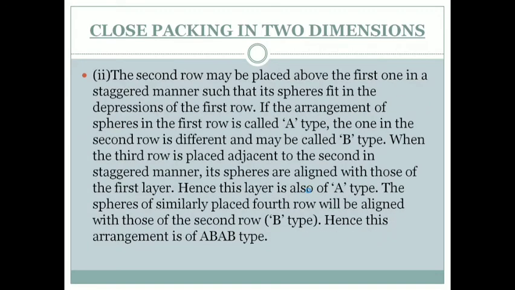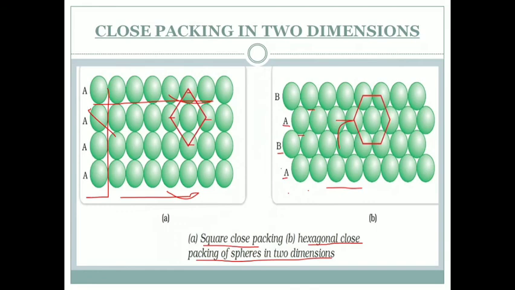You can see here, if you see the space, here there is more space, and here comparatively it is closed packing, with less space, right? So, this packing is more efficient. That means HCP, hexagonal close packing, is more efficient than square close packing.